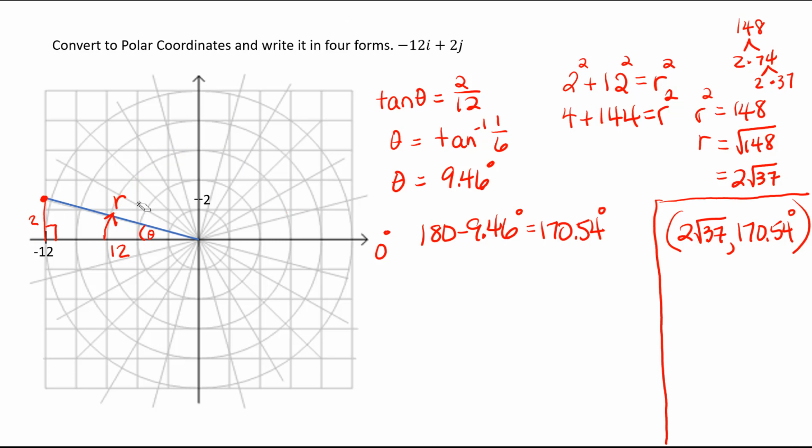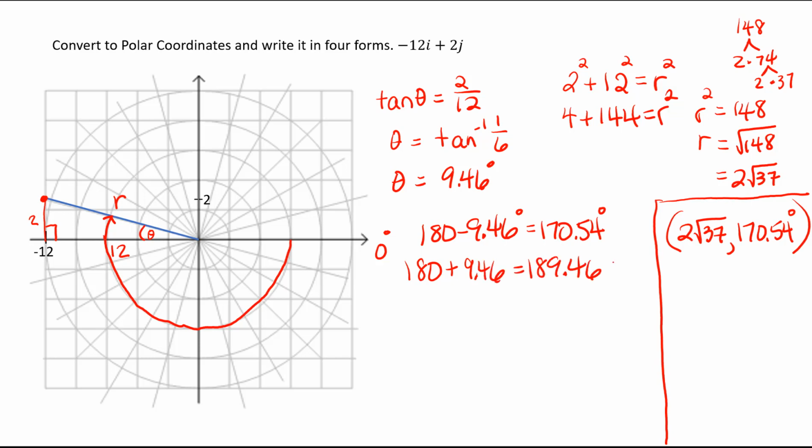Another way to get there would be to go in the opposite direction. Starting at 0, I could go clockwise. So if I do that, I will go 90, 180, and theta more than that. So 180 plus 9.46 is 189.46.